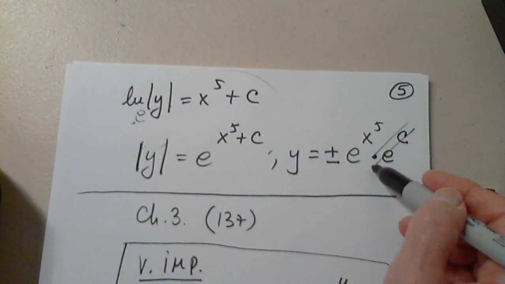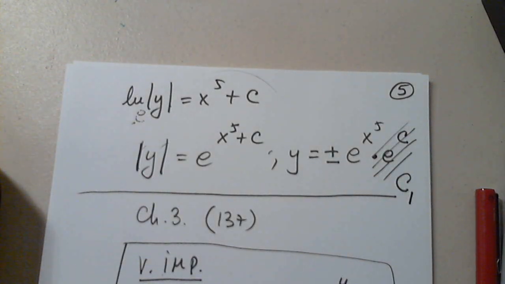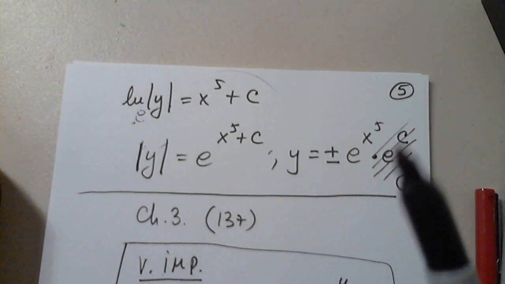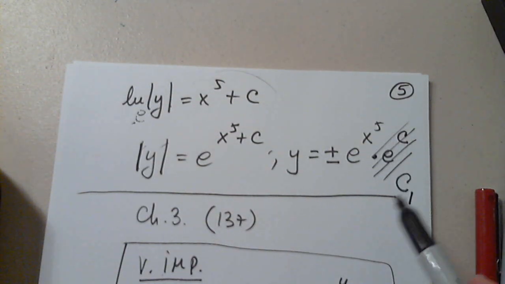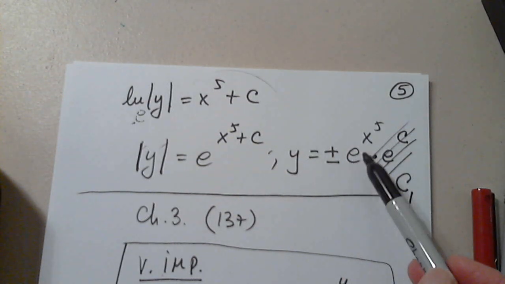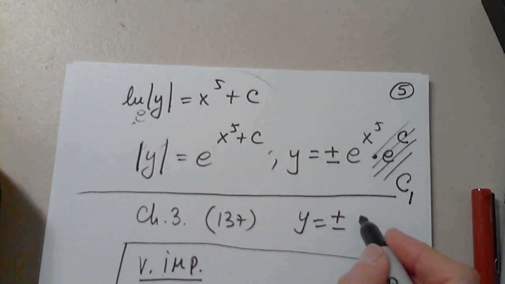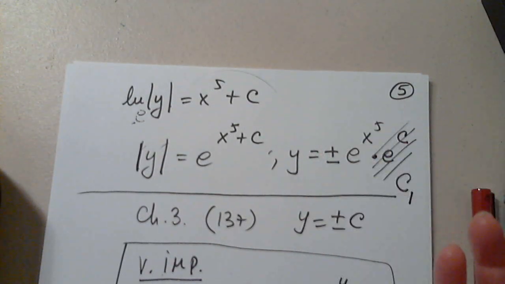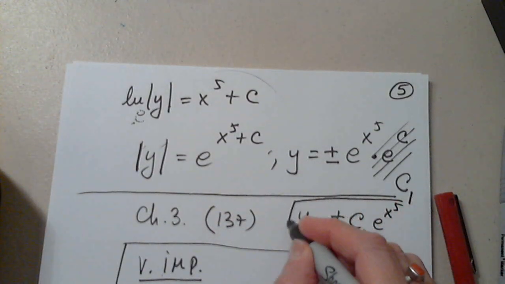We will replace this by another constant. So it's a constant. You can call it c, you can call it a, you can call it c1, whatever, it doesn't matter. So then the final answer is y equals plus or minus a constant c or c1, it doesn't matter, e to the x to the 5th.